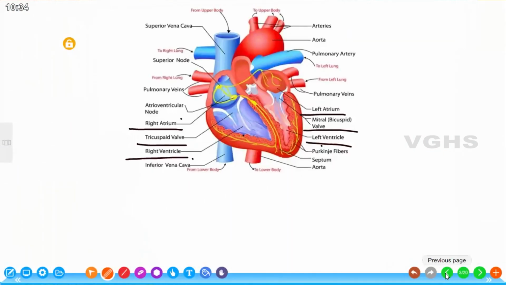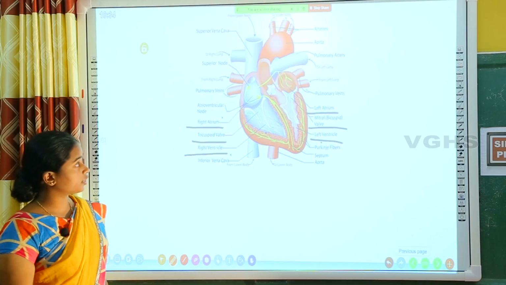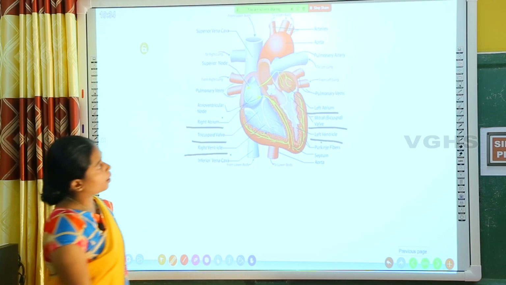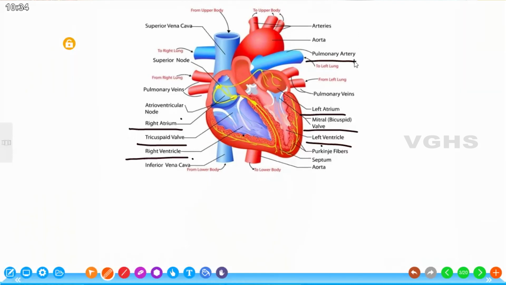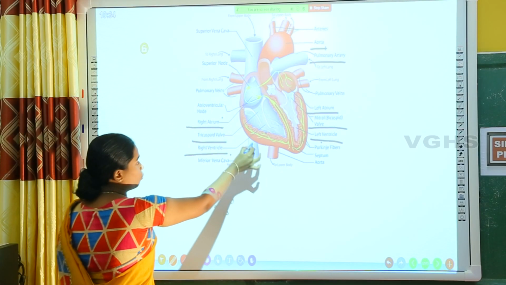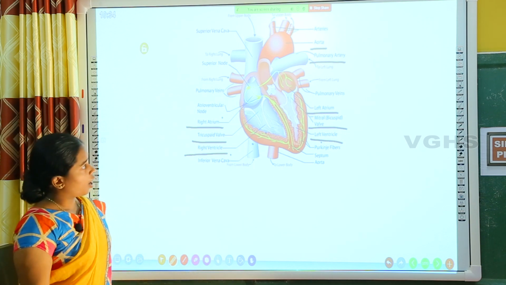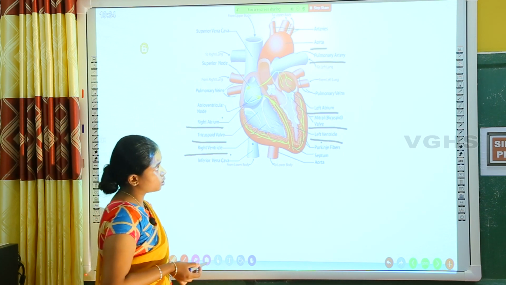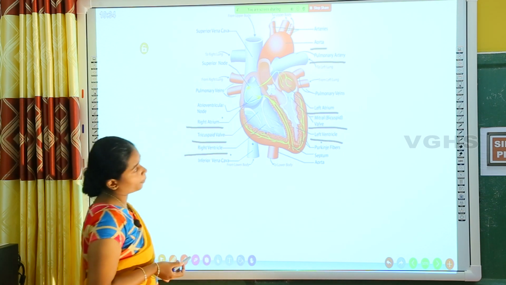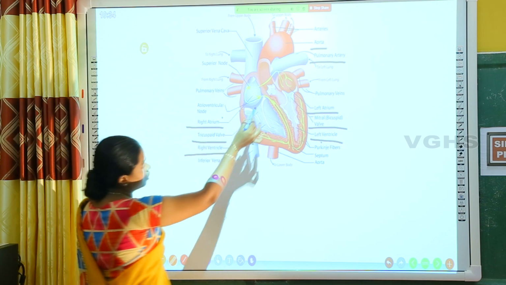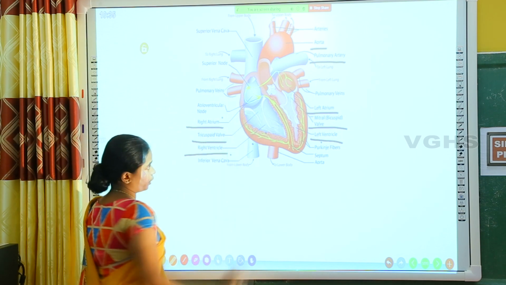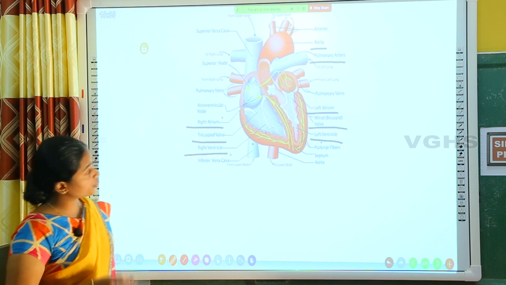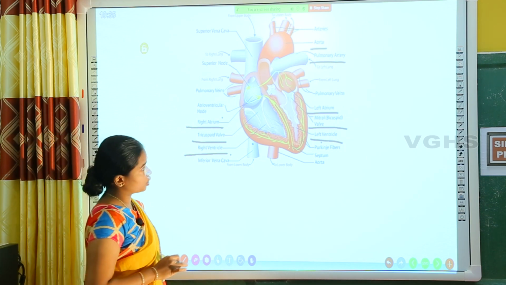Here, the main arteries connected to the ventricles are the pulmonary artery and the aorta. This pulmonary artery starts from the right ventricle and carries deoxygenated blood to the lungs.